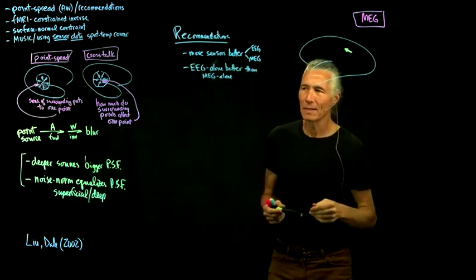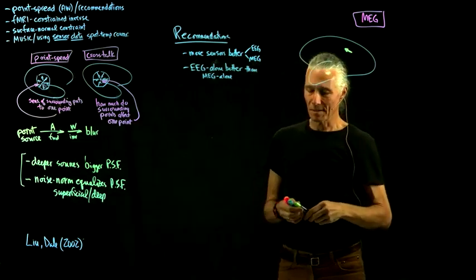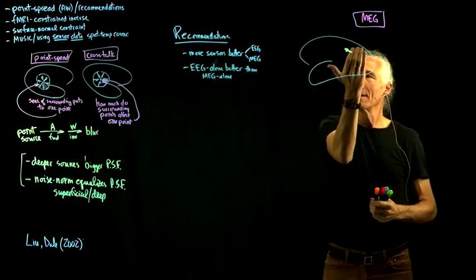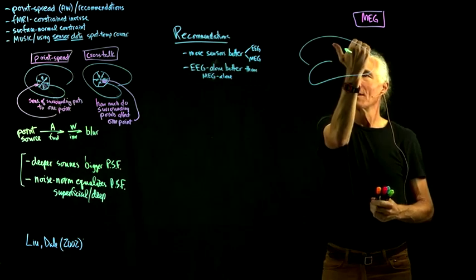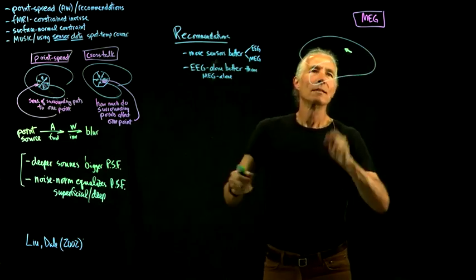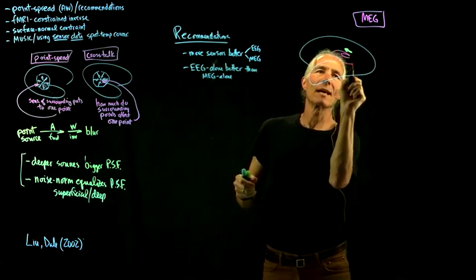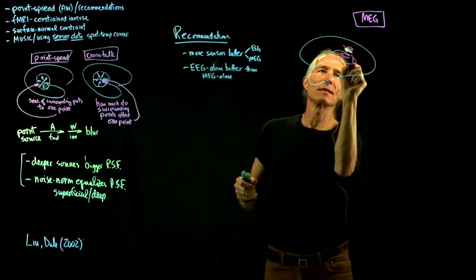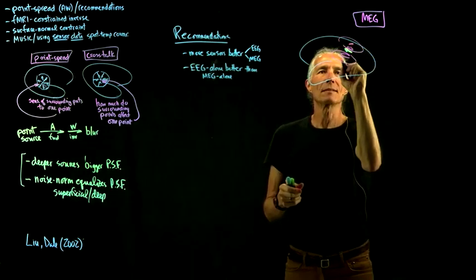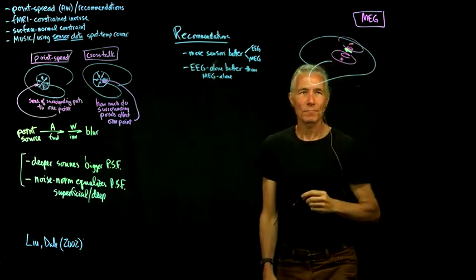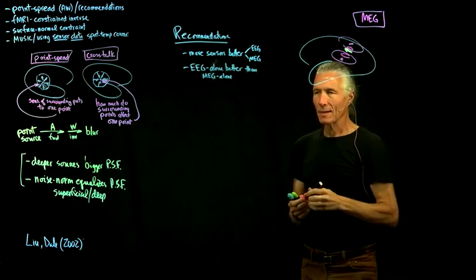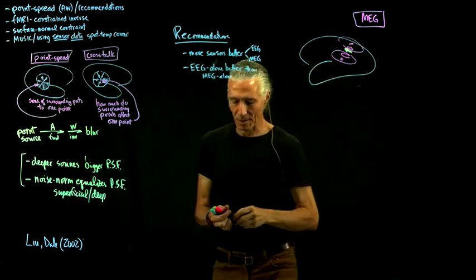You've got some field going into the board there, and then coming out of the board down below. So this is what the amplitude of the magnetic field looks like. It's going to be minus here and plus here, coming out down here. So you get a nice big MEG signal from a tangential source.